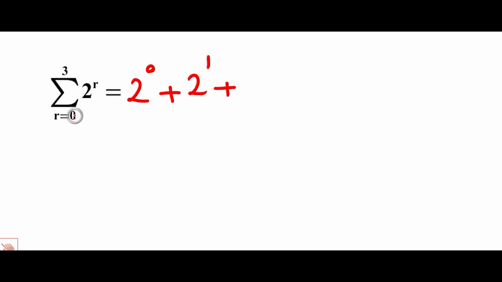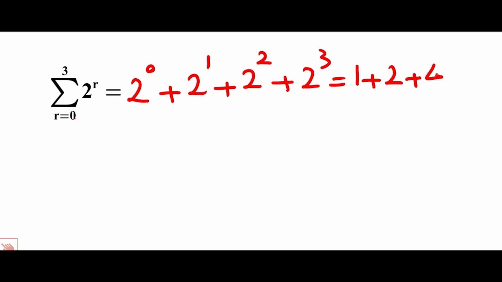When r equals 2, we have 2 squared, plus when r equals 3, we have 2 cubed. So we have 2 to the power of 0 is 1, plus 2, plus 4, plus 8. So we have 15. The sum of 2 to the power of r from r equals 0 to 3 equals 15.